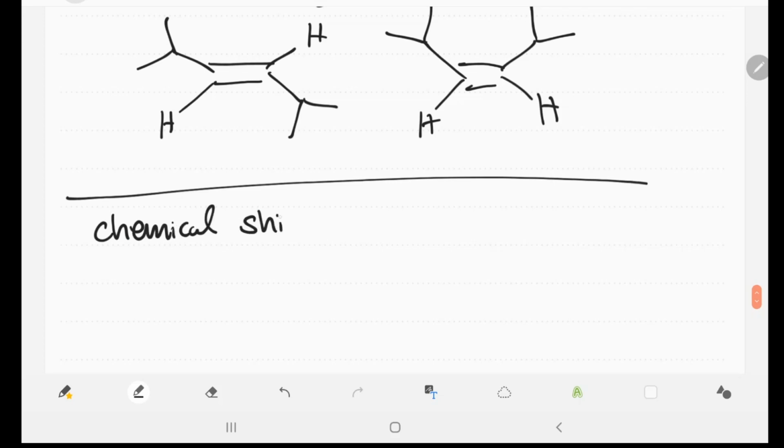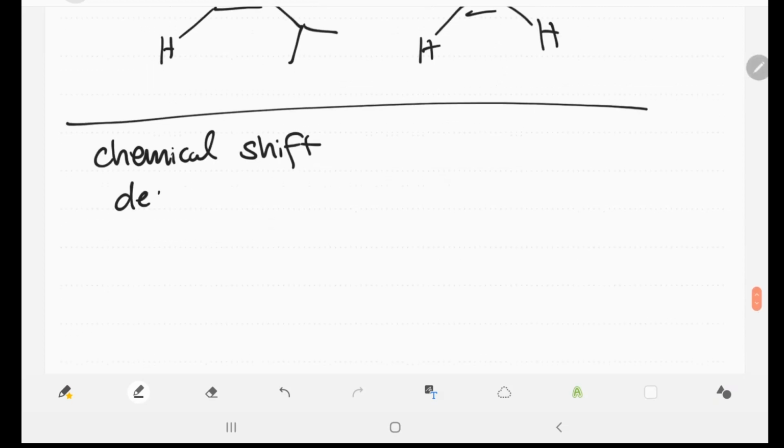Chemical shift. We're going to see that de-shielded versus shielded nuclei will interact with things differently.